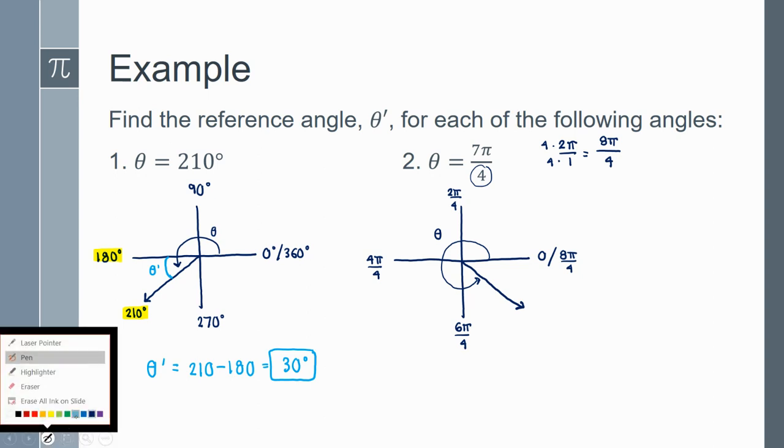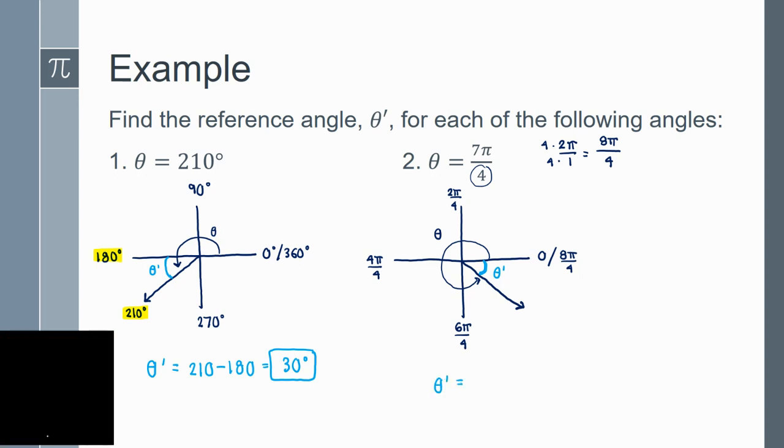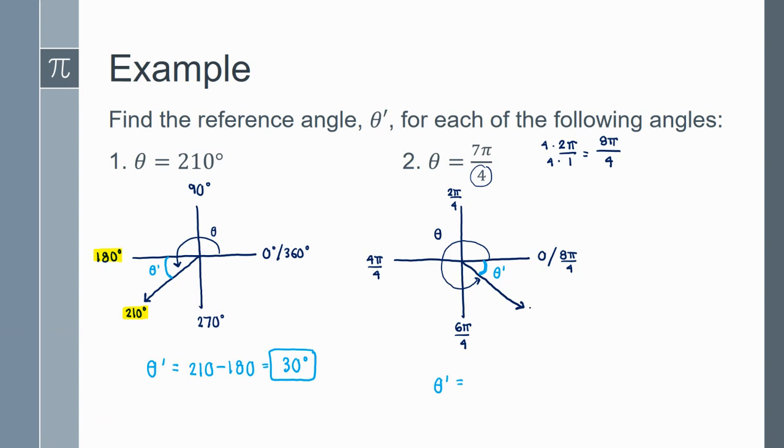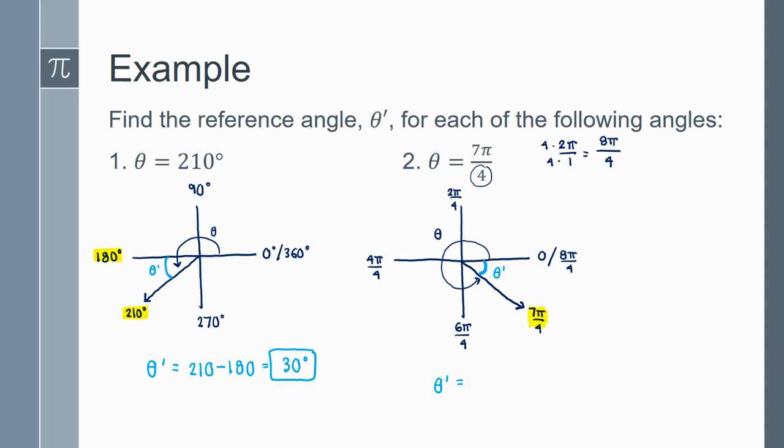But remember, I want a reference angle. Your reference angle is always going to be a positive acute angle that's always formed with the x-axis. So that's going to be this angle right here. This is my reference angle that I'm trying to find. So once again, this is the 7 pi over 4. I need to use that angle that they gave us, and I need to understand that that is closest to 8 pi over 4.